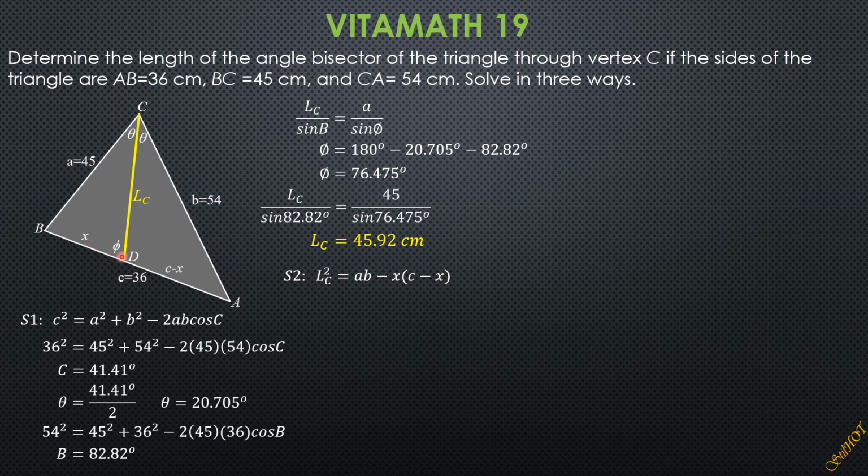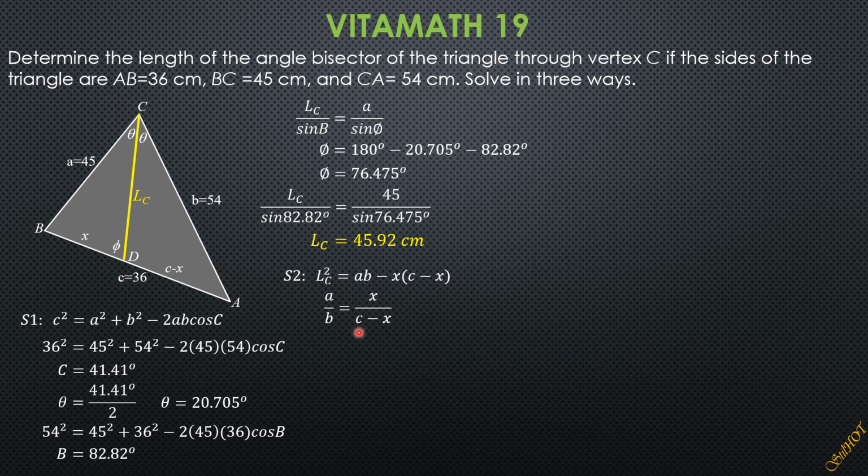So if I call that X, this is C minus X, or 36 minus X. So A as to B equals X as to C minus X. This relation was also shown in Vitamath 17, the principle involving the angle bisector theorem.